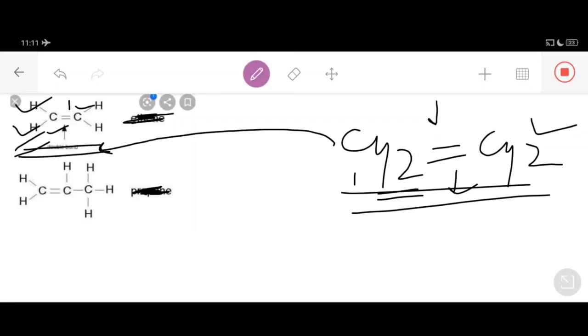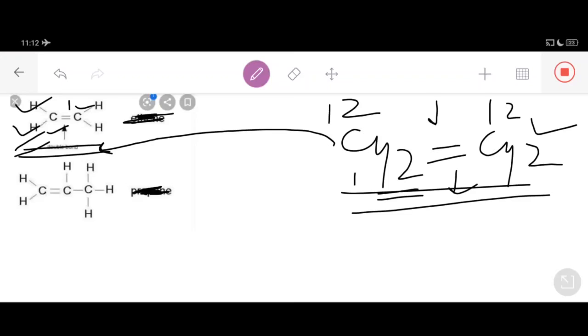So we have to name this compound. We first have to select the longest chain of carbon atoms. So carbon number 1, carbon number 2. The moment we number this carbon chain either from right or from left, this is carbon number 1, carbon number 2.